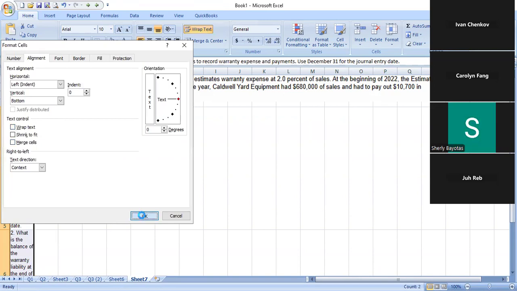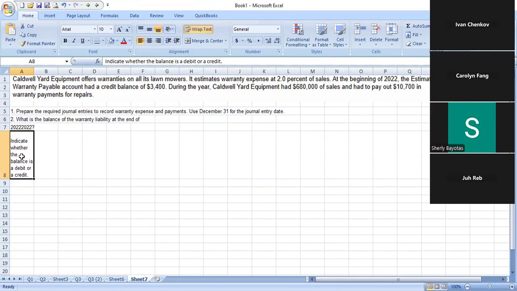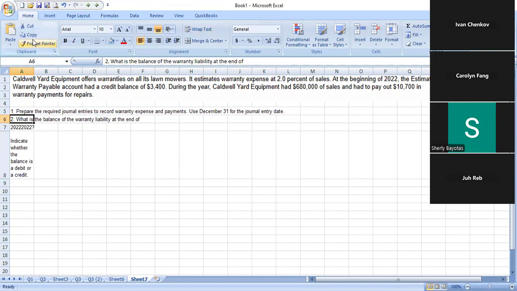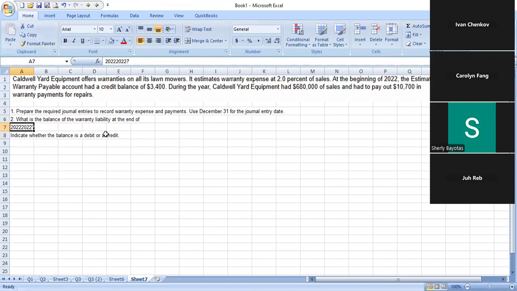Let's get rid of this. And there's another one here. 2022 is our year. What's the balance at the end of 2022? And indicate whether the balance is debit or credit.